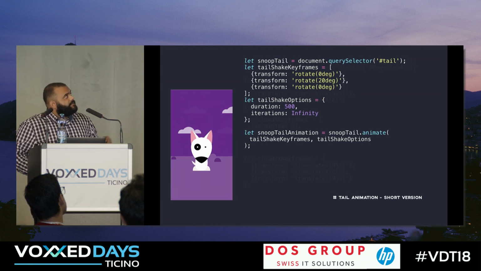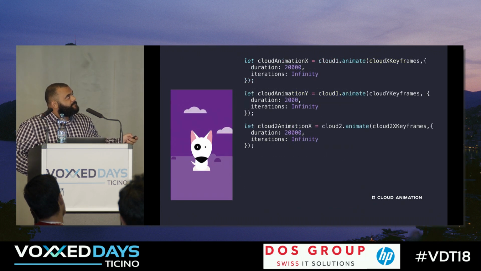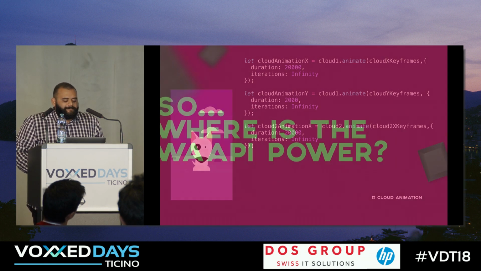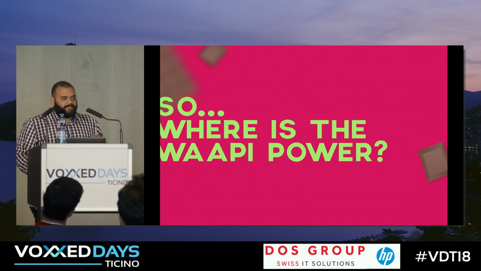And for the other elements, it is the same. You get the elements, you define the keyframes for the clouds, for example, and then you attach it to the element like this. But you know, I showed it, but you didn't see any power of it because it was a simple animation.